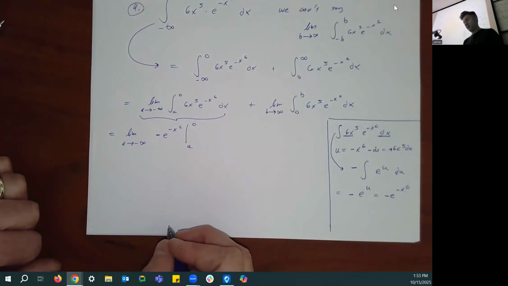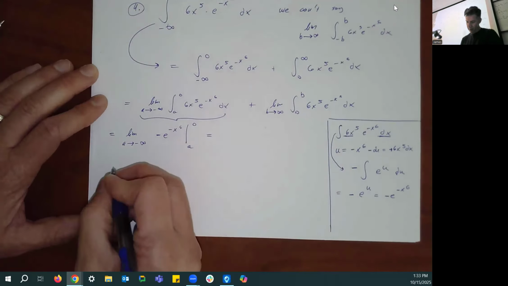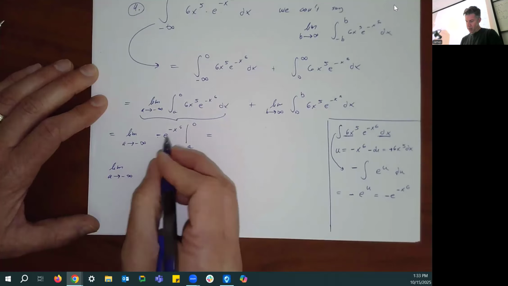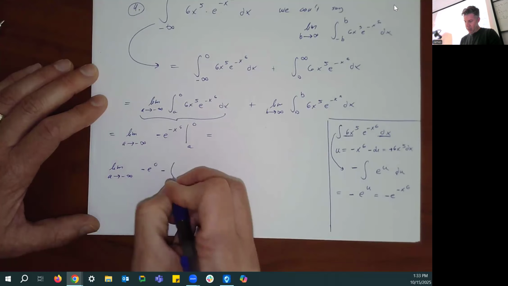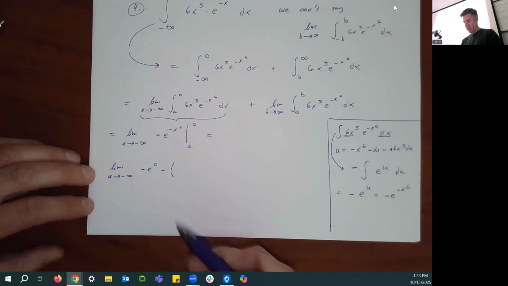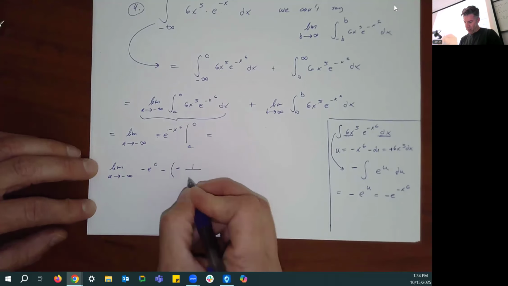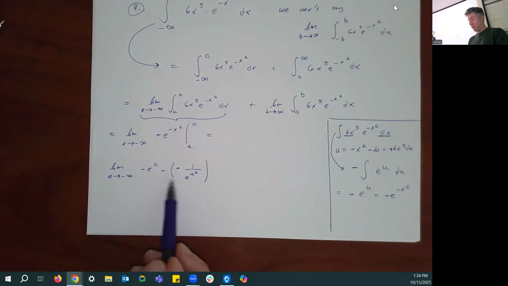I'm going to plug in 0 first. Let me get the limit as a goes to negative infinity of negative e to the 0 minus, instead of writing negative e to the negative x to the sixth, I would really rather write negative 1 over e to the positive a to the sixth. I know I said x before, I meant to say a. That's the same as negative e to the negative a to the sixth.